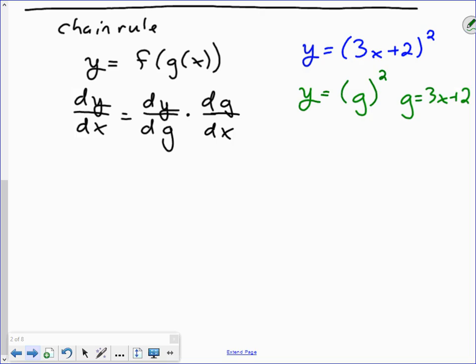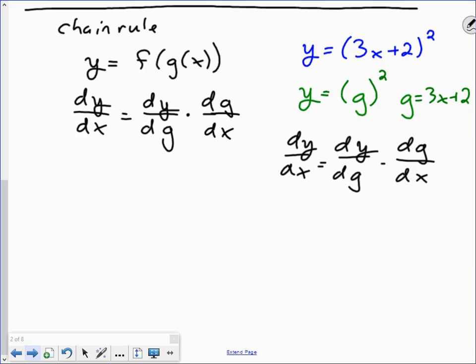If we're taking our derivative here, our chain rule would be dy/dx equals dy/dg times dg/dx. So dy/dg means take the derivative of this function y, treating g as our variable. So we're going to bring down the 2, and we're going to have 2g, assuming that we're treating this as just y as a function of g.